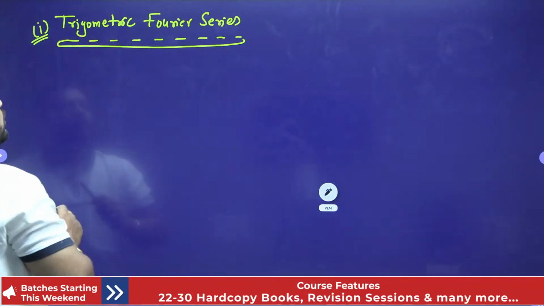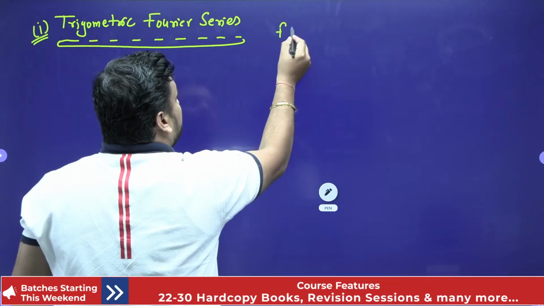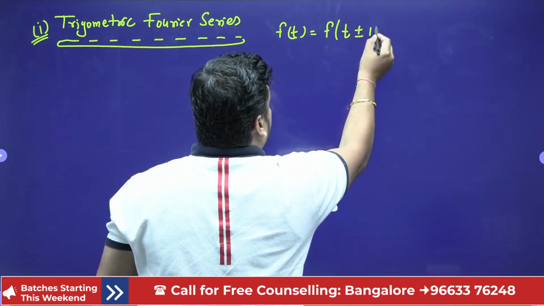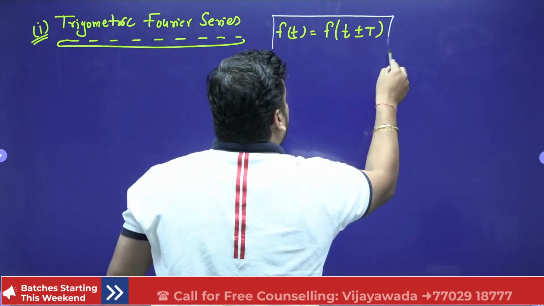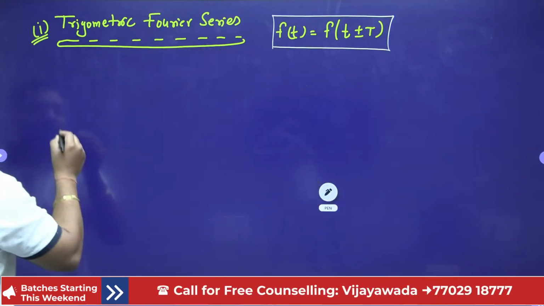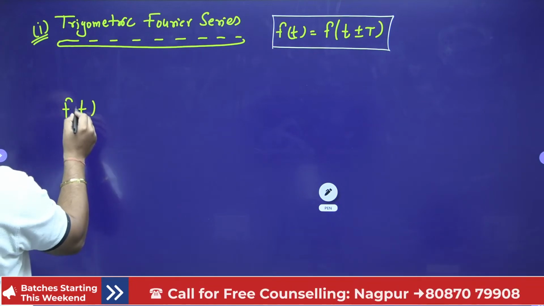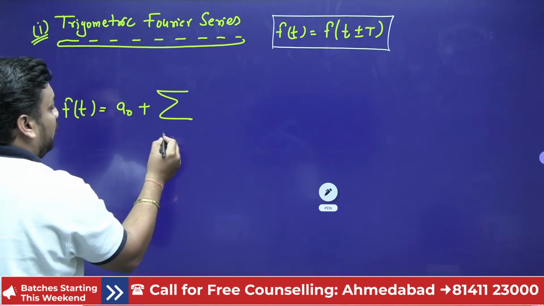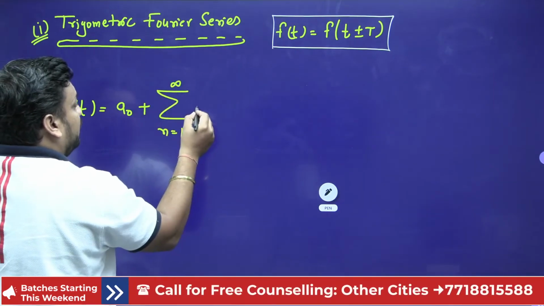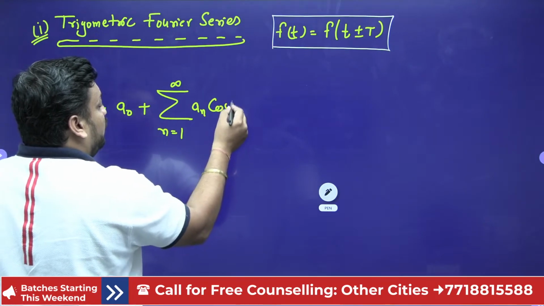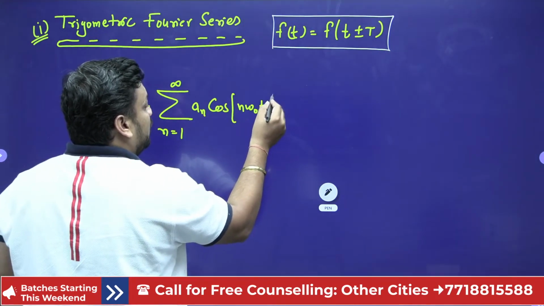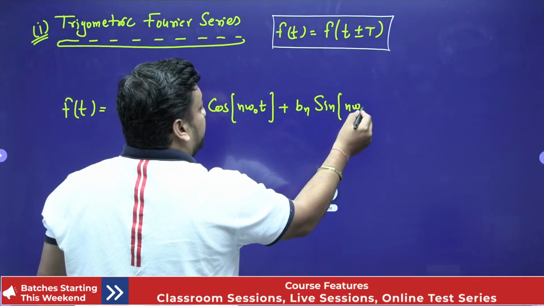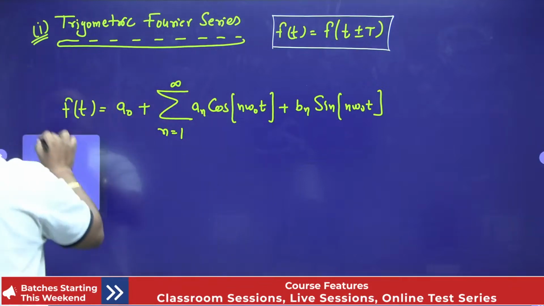If the signal f(t) is periodic with the fundamental time period capital T, satisfying f(t) = f(t ± T), then the signal f(t) can be represented as an addition of sinusoidal terms. So f(t) = a0 + sigma of n equal to 1 to infinity of [an cos(n omega0 t) + bn sin(n omega0 t)].